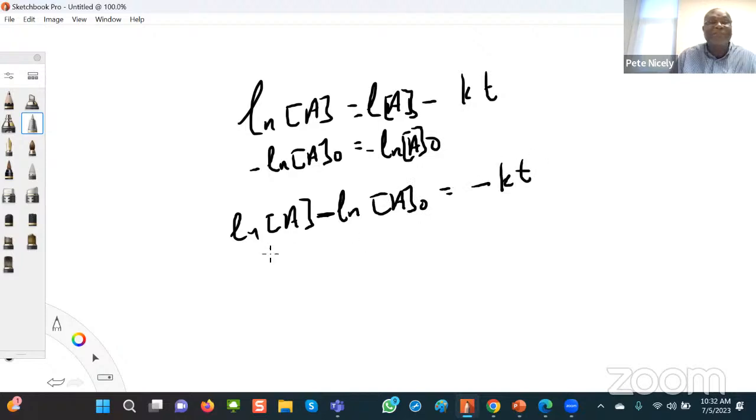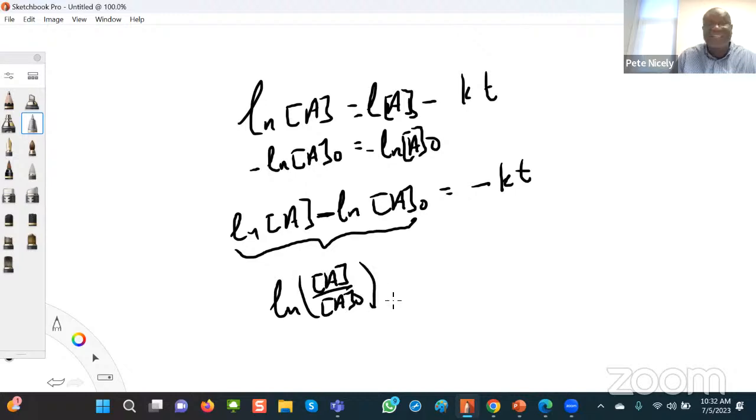And then you should know from your algebra that this part here would be equal to ln concentration of A over the concentration of A0, right? And that would be equal to minus KT.